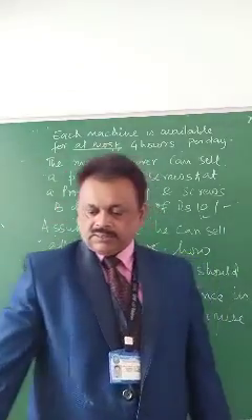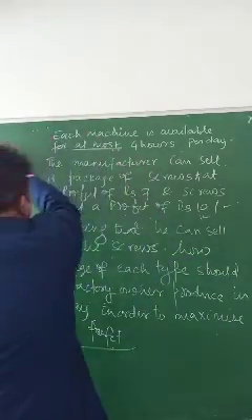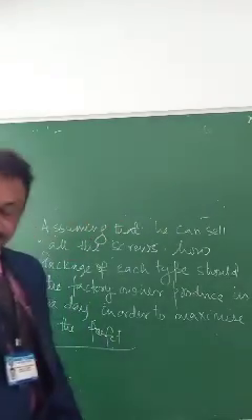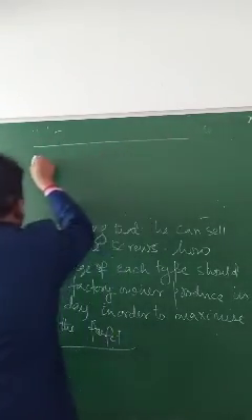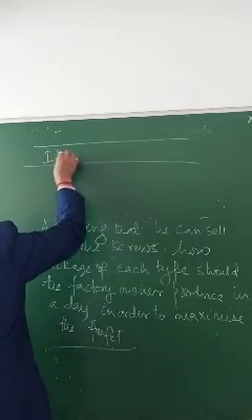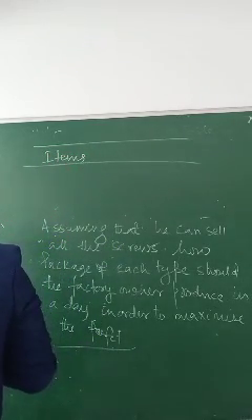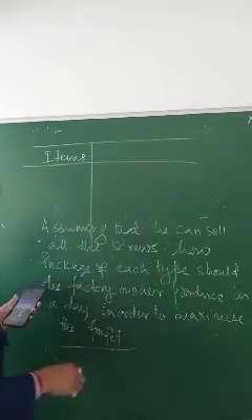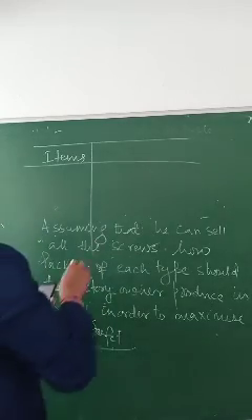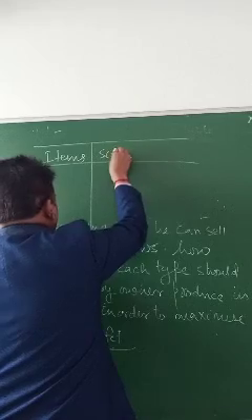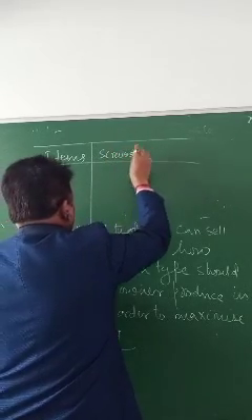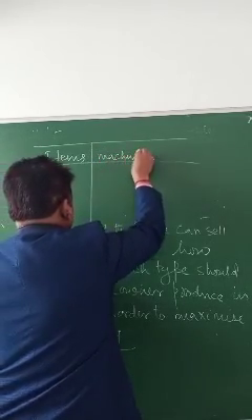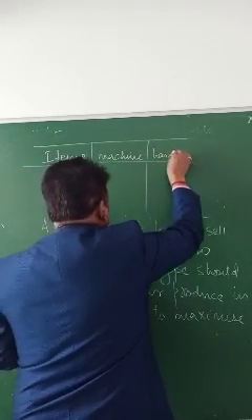Okay, clues are there, types, items are there. What are the items we have? Screws A, screws B, machine, hand operator.